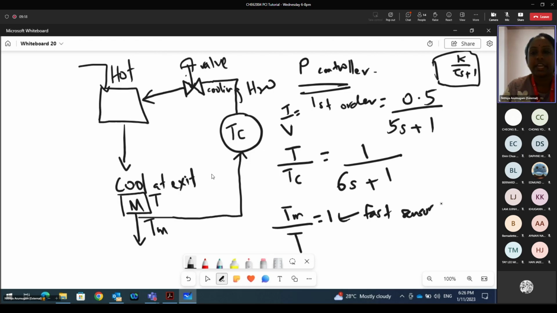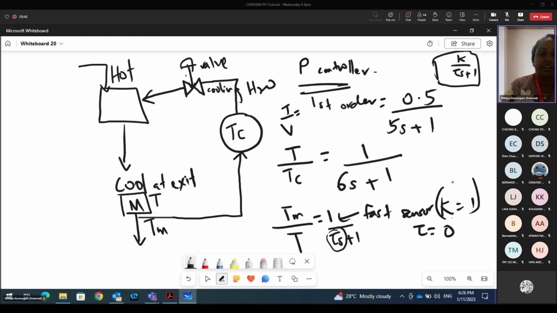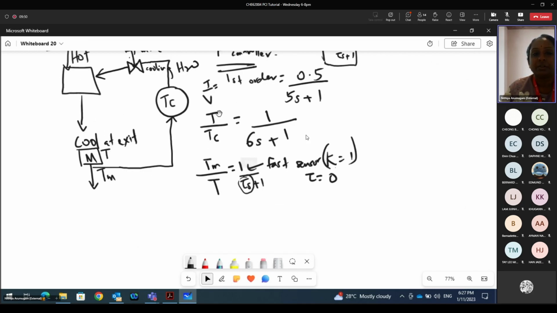From this, we can conclude the gain K equals 1. If you notice here, it's supposed to be tau s plus 1, so for us to get this, the time constant will be 0, or we call it infinitely fast. This is still the information that we got from the question.